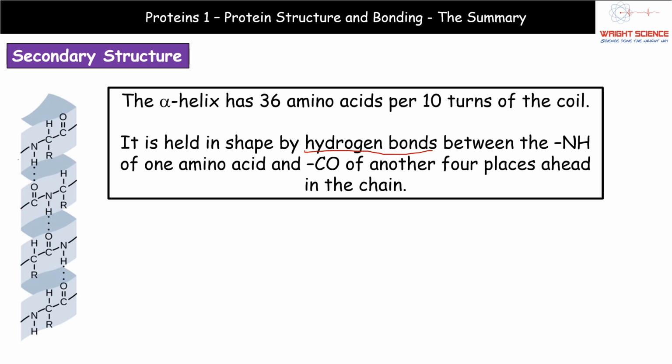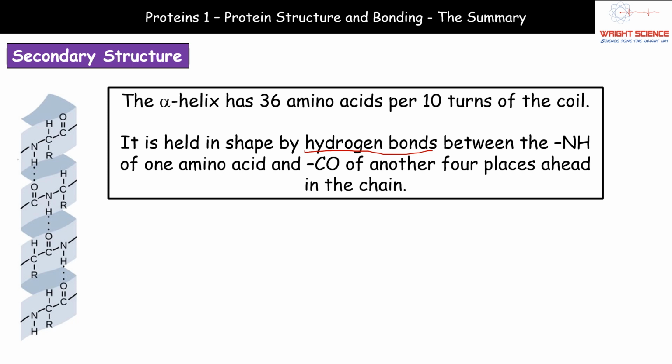So we've obviously got one end of an amino acid, basically what was the amino group, and then what was the carboxyl group of a different amino acid. So what we can see is we get this hydrogen bond forming between the oxygen and the hydrogen there, and that's going to occur on the carbon oxygen group of the amino acid that is 4 places ahead in the chain.